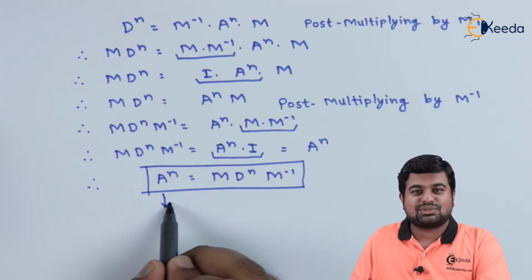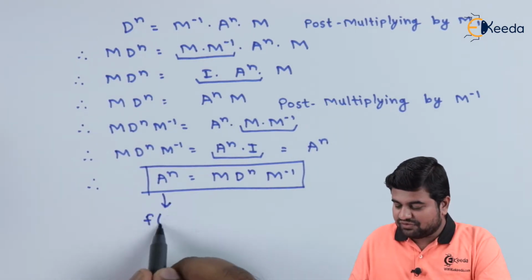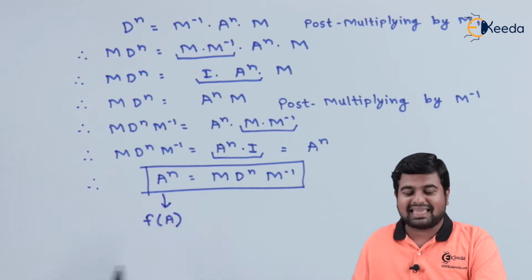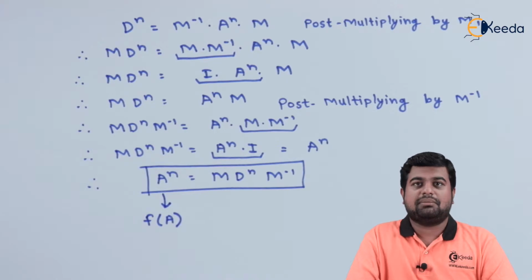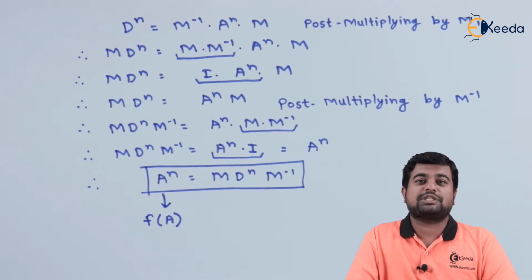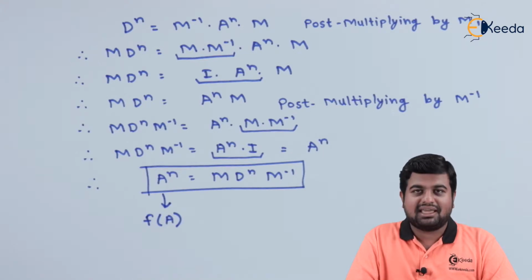So this A raised to n can be termed as a function of matrix A. In order to calculate any function like tan of matrix A, e raised to matrix A, or sine of matrix A, I am going to perform the same step on its diagonalizable matrix, that is the D matrix.